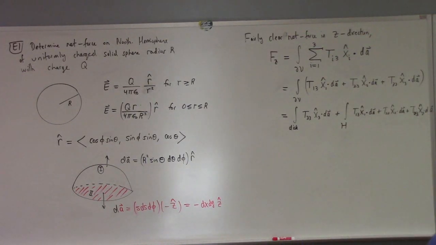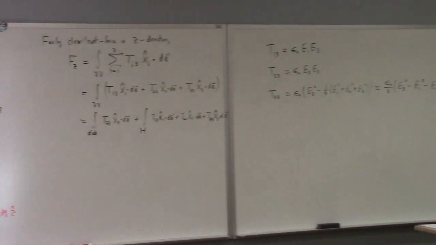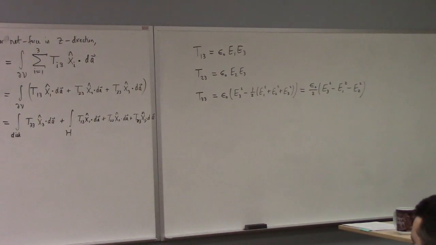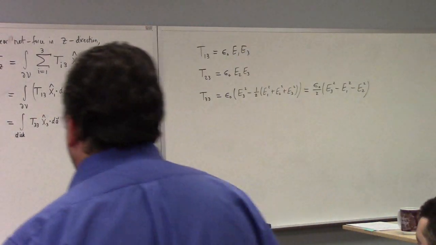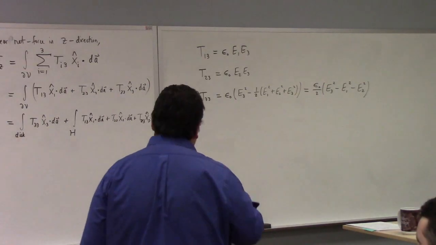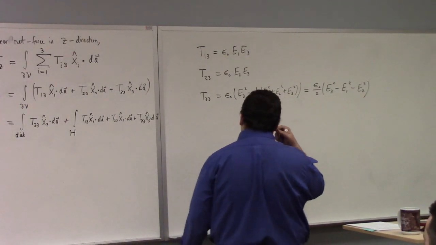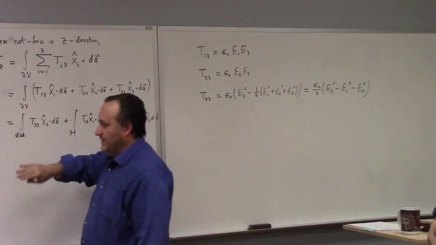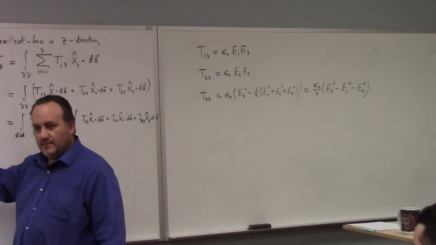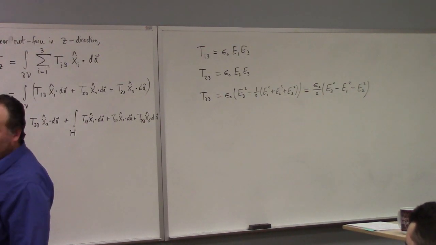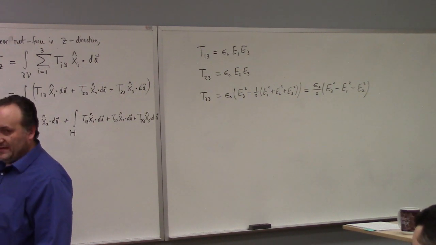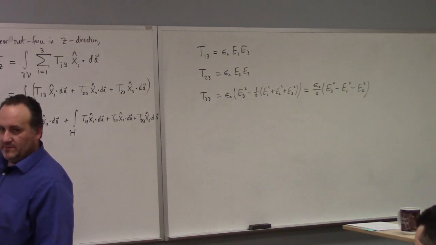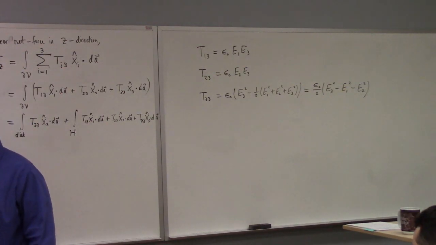Now, what are those, though? We're on the dome, where r is greater than or equal to R. So basically, we need to use the inside field for the disk, but the outside field for the dome.